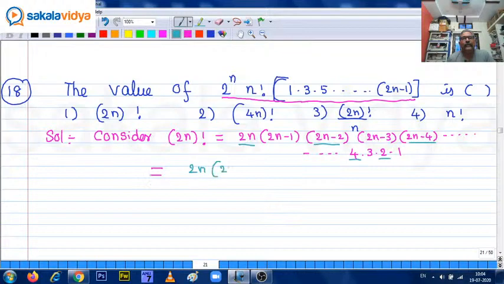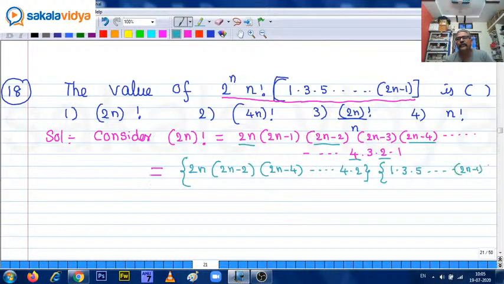2n multiplied by (2n minus 2), (2n minus 4) and so on to 4 into 2. You put the bracket and multiplied by, here you can write in reverse order, 1 into 3 into 5 and so on to 2n minus 1 as the product of the odd factors.